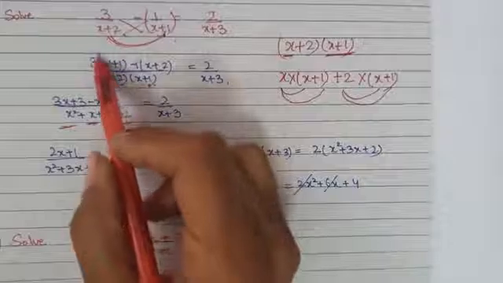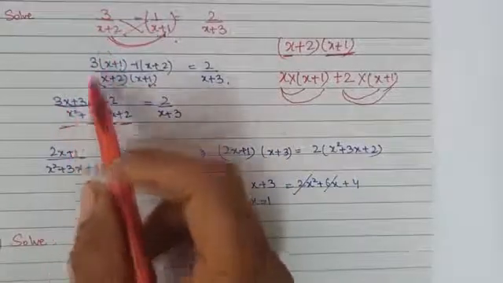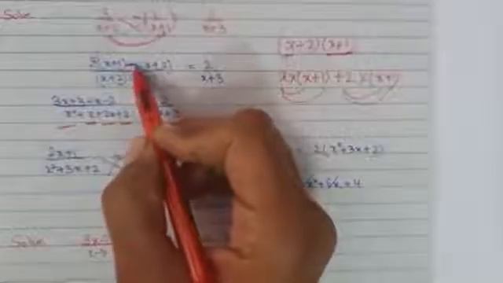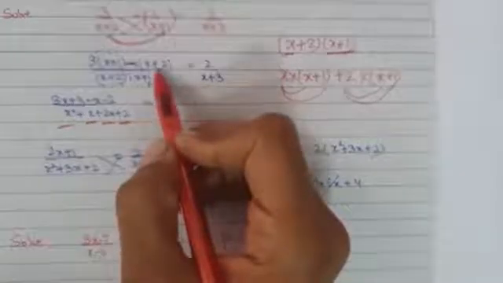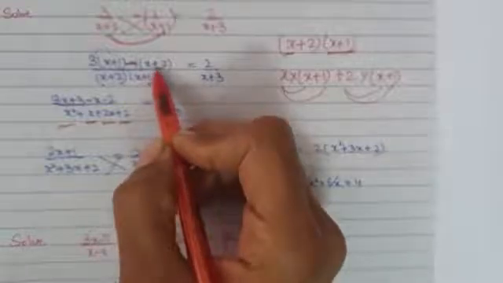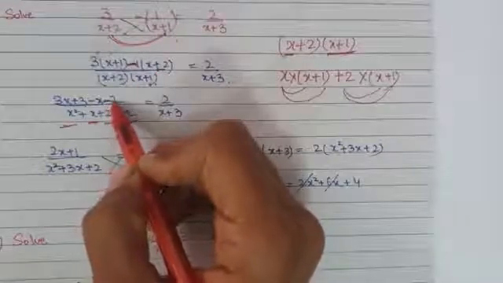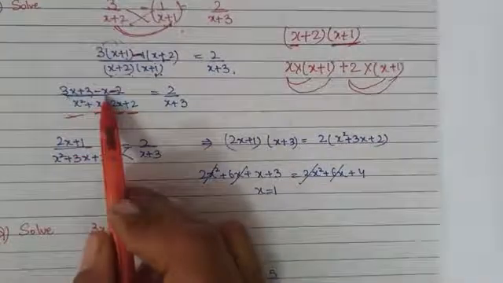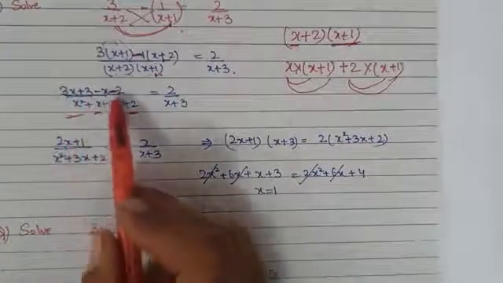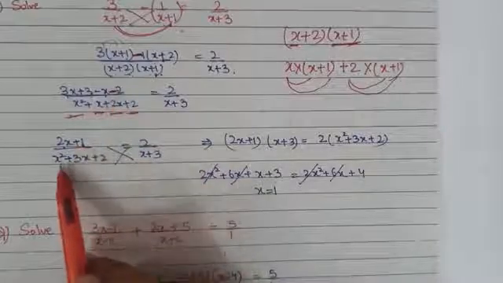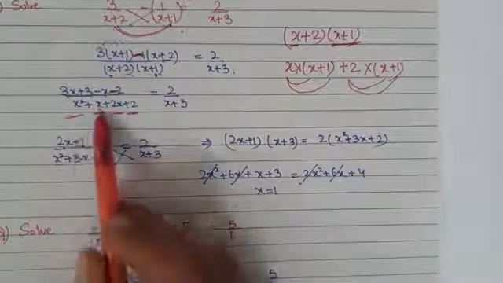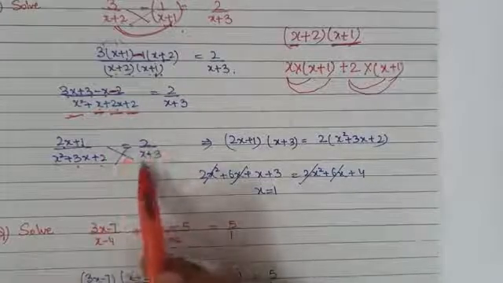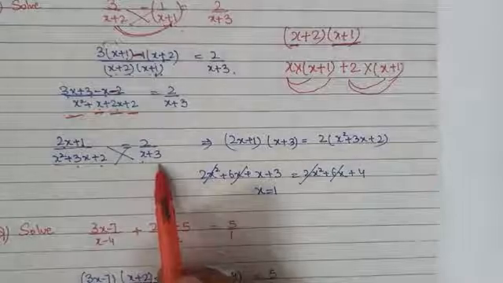Now in the numerator also 3x plus 3. Now see, minus sign is here, so the internal sign will get interchanged. Plus is here, minus will form. Clear? Now we get 3x minus x, 2x, 3 minus 2, 1. x square plus x plus 2x, 3x plus 2, is equal to 2 upon x plus 3.